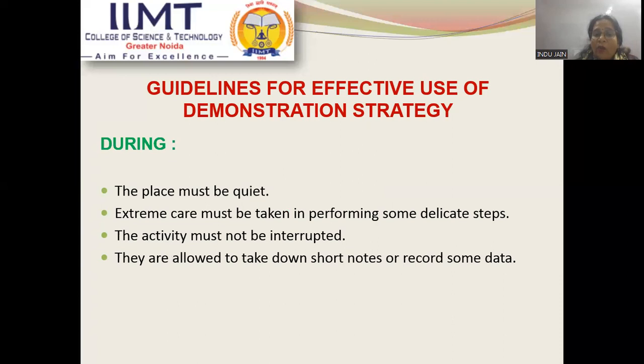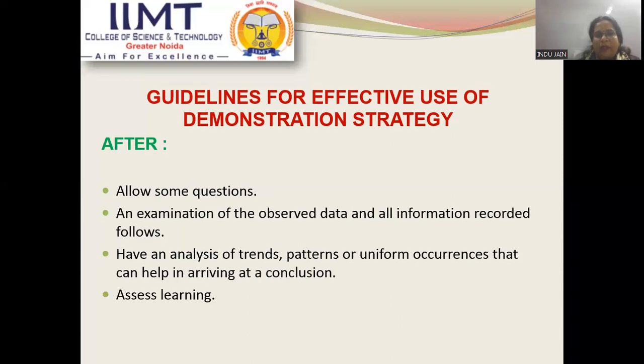They are allowed to take down short notes or record some data. Means students are completely allowed or permitted to take down short notes or record some data. It is again necessary to take care of certain guidelines after the demonstration is done.